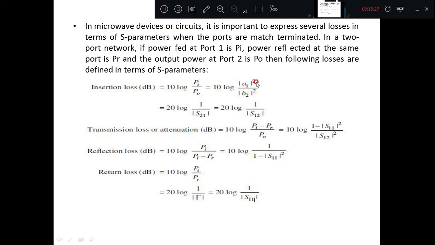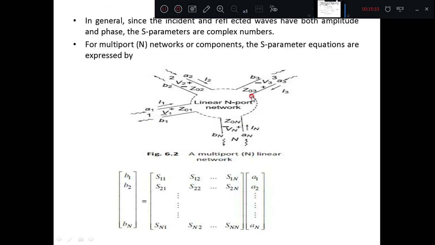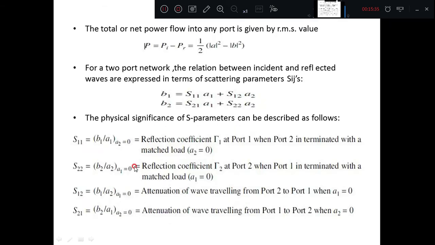So here it is A1 squared, and I can write A1 divided by B2 whole squared. What is A1 divided by B2? B2 divided by A1 is S21, so A1 divided by B2 is 1 divided by S21.